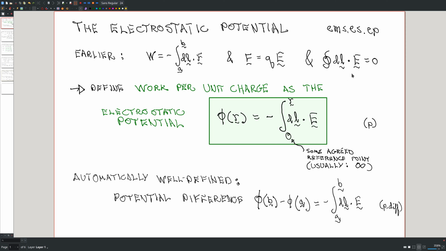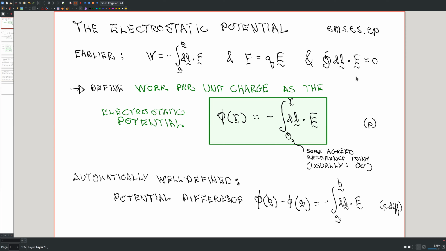And this was, you remember, quite important because it showed us through Stokes' theorem that the curl of an electrostatic field was 0, and we wrote that in red, that it was for electrostatic fields, because we'll have to revise that later on.